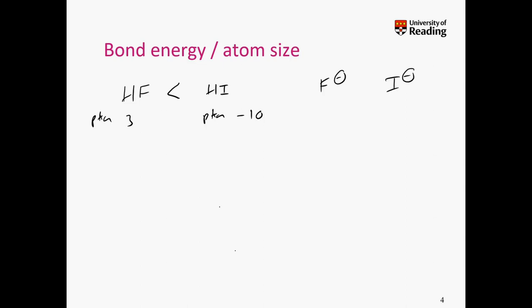If we think of that minus charge, it's going to sit in our atom. If we have our fluorine here, we have a relatively small atom, so you have the nucleus here and the minus charge has to fit in this quite small, tightly confined space.